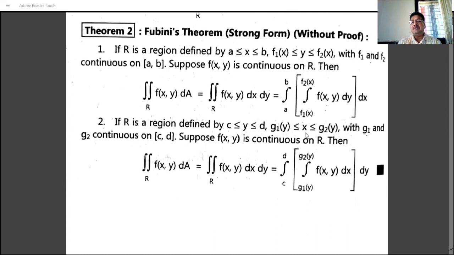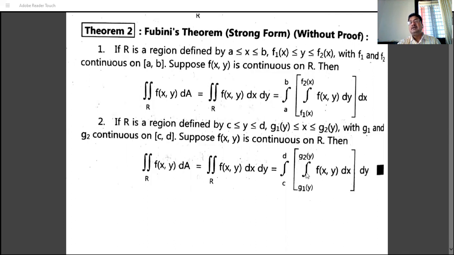Suppose the limit of x is in terms of y, that is, x runs from g1(y) to g2(y), and the limit of y is constant. Then integrate with respect to x first, and then with respect to y.